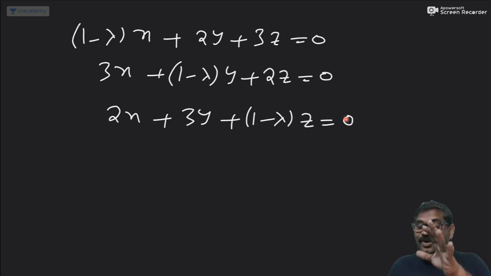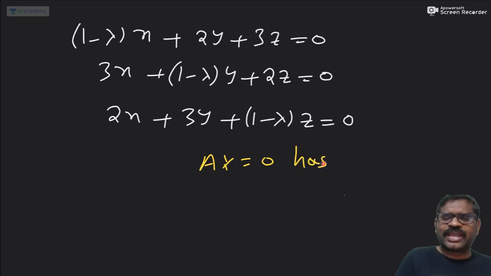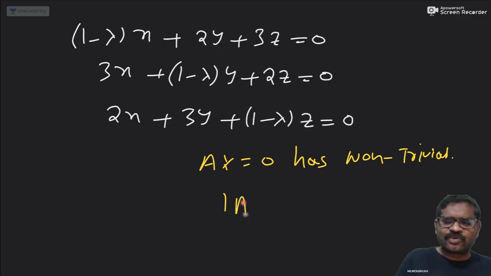Clearly they are in homogeneous form because there is no constant term. Now it is clearly AX equal to 0 form. Given that AX equal to 0 has a non-trivial solution or non-zero solution, therefore det A equal to 0.